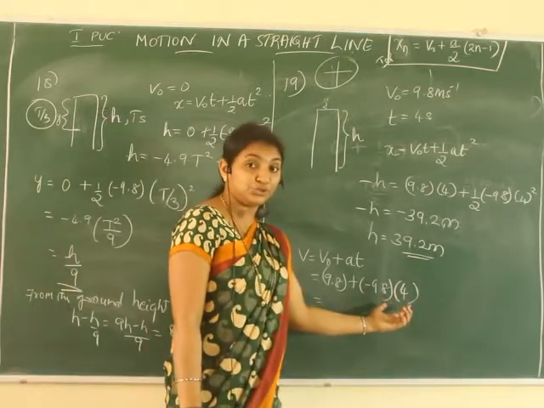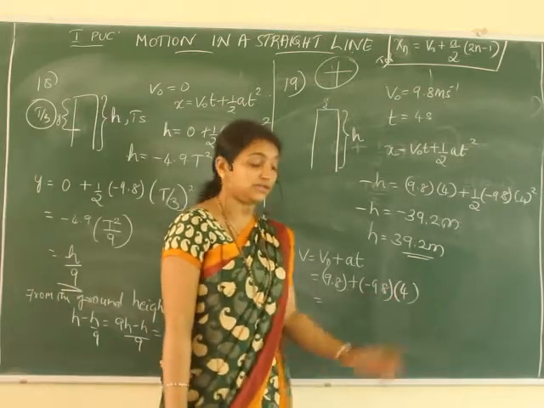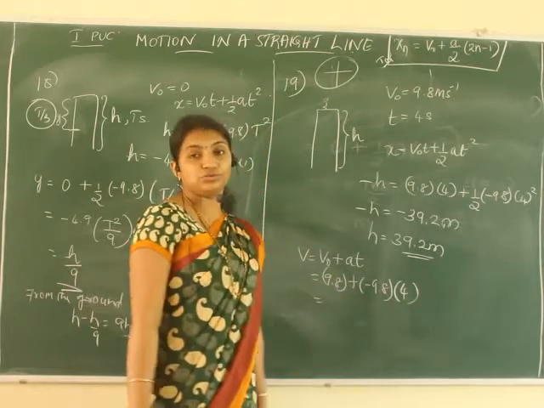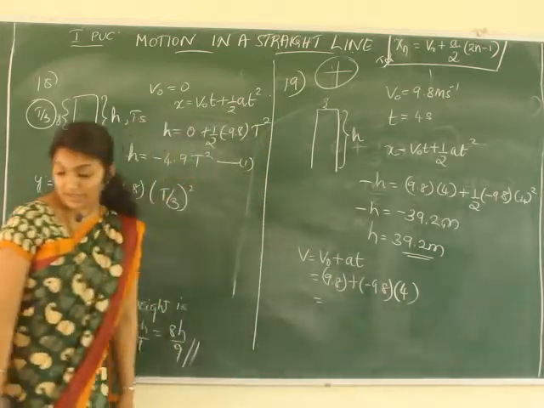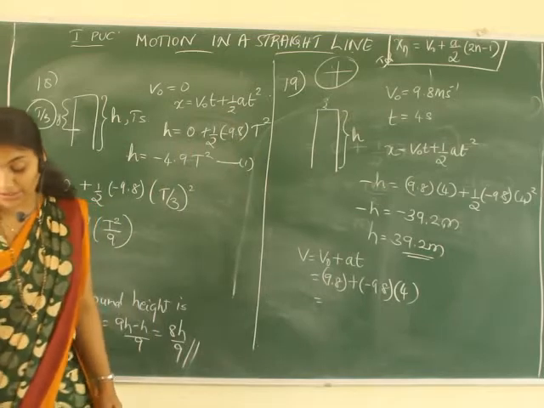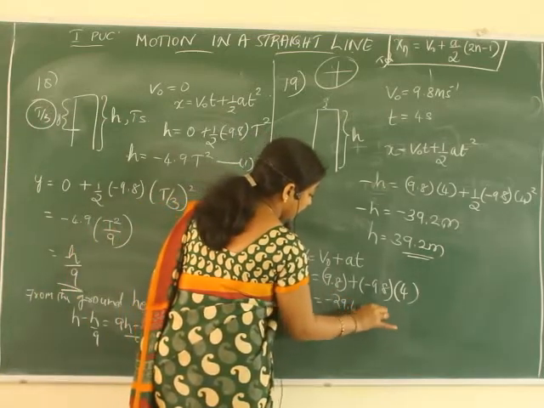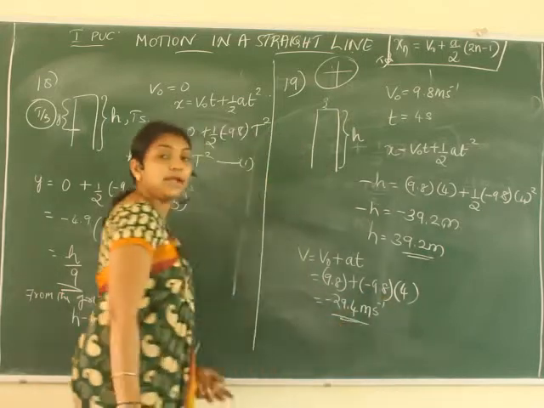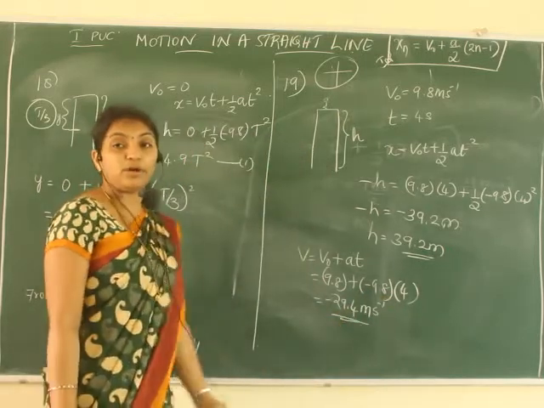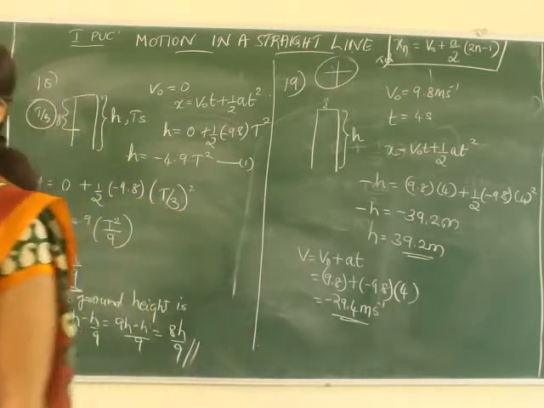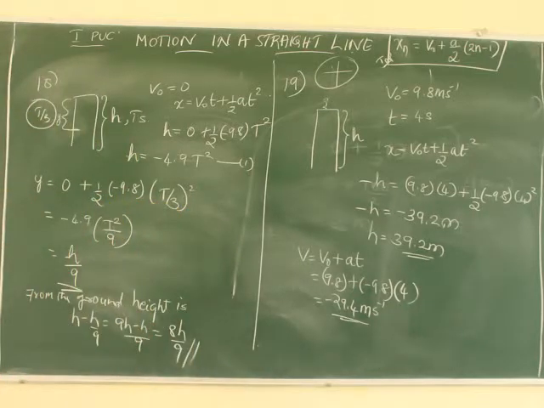First multiply these two. You will get minus some answer. Then add these two. What is the answer you are getting? I am getting the answer as minus 29.4 meter per second. Are you getting the same?